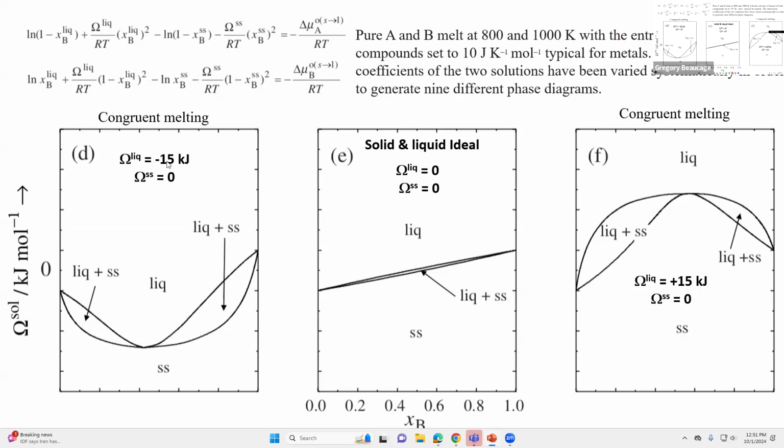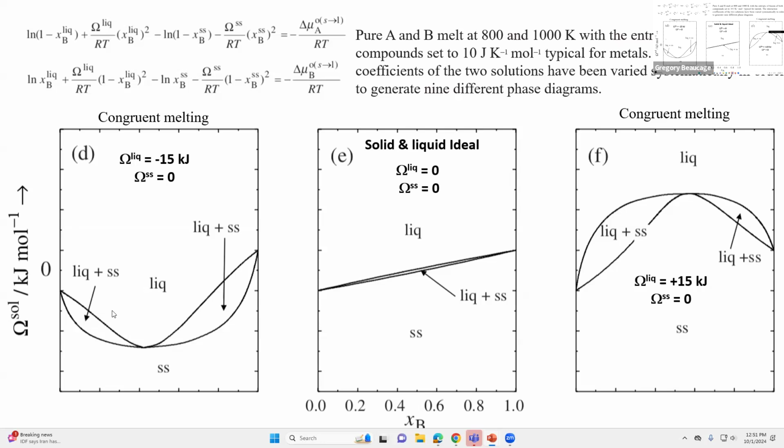When that interaction parameter is negative, that means the enthalpy favors mixing. That means A and B like to be together more than A likes to be with A and B likes to be with B. So if this is negative, you're favoring the liquid phase. Solid solution zero means ideal mixing.